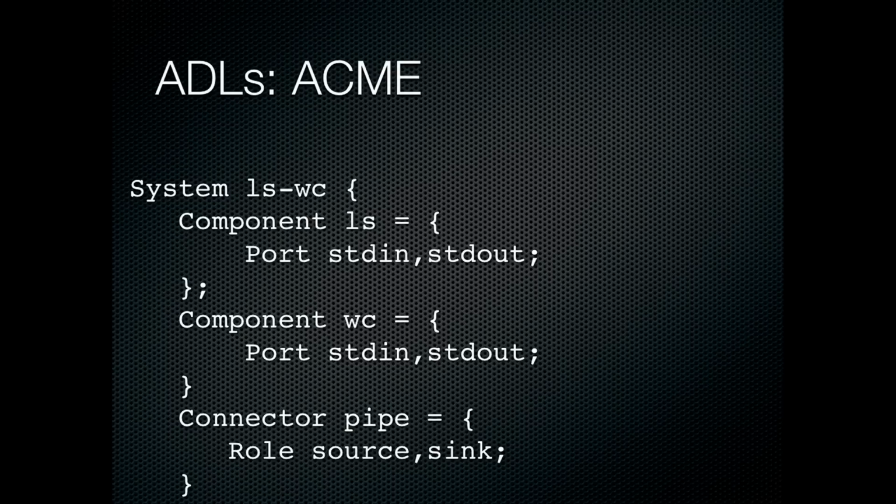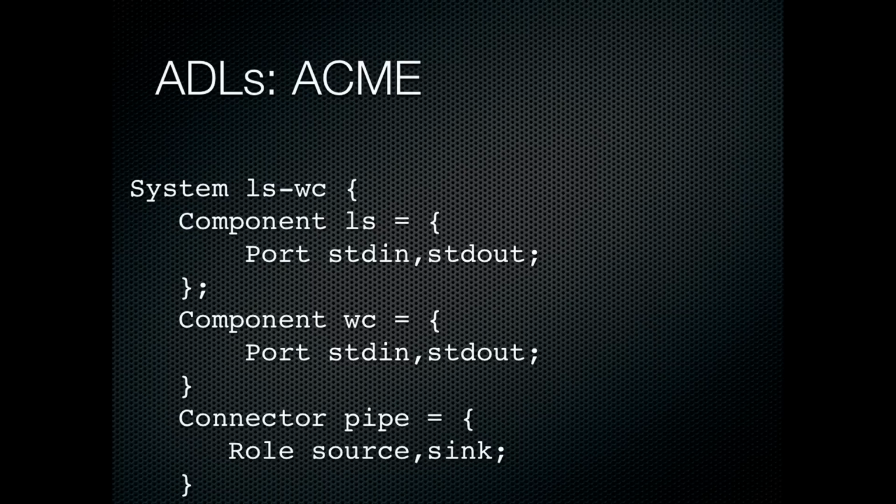And the system that I want to describe here is essentially a pipe of ls and word count, right? And so I have two components. One is called ls. It has a port, standard in, standard out. Well, it has two ports, the component. Then I have another component. It's called word count, WC. Also has standard in, standard out. And I have a connector.